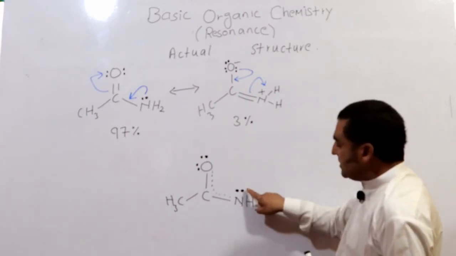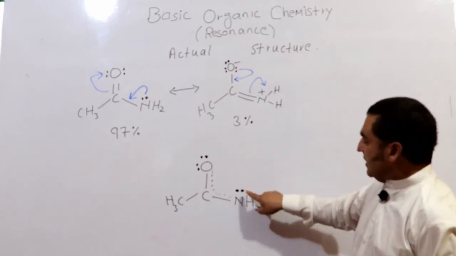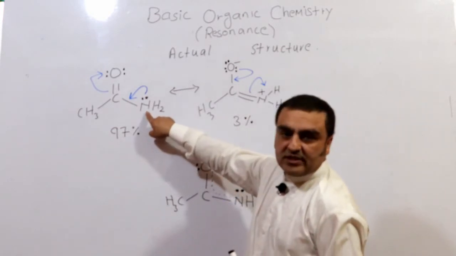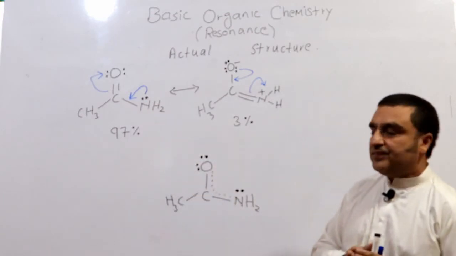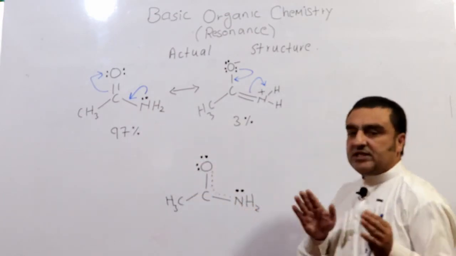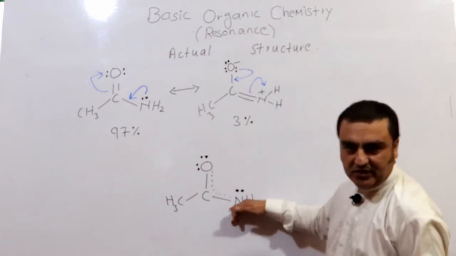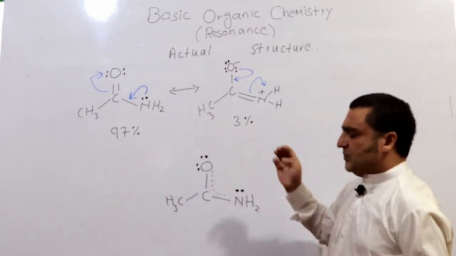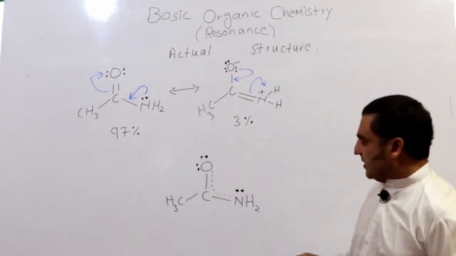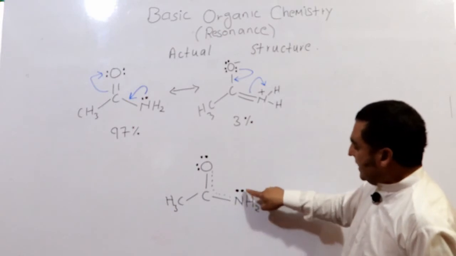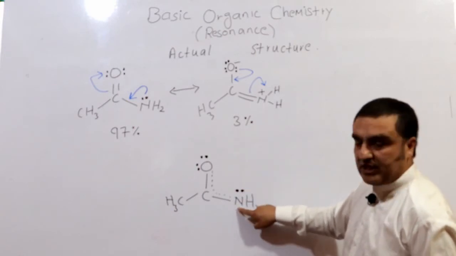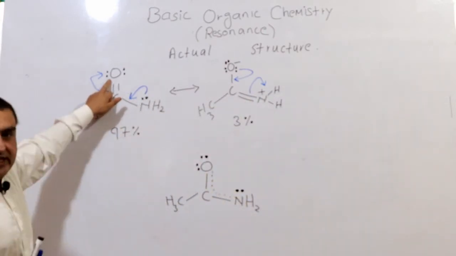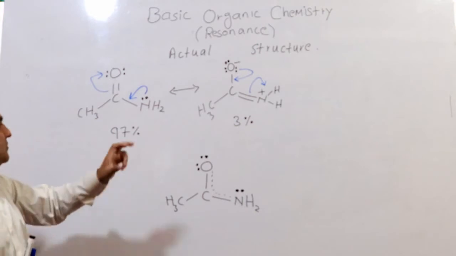Now this nitrogen lone pair is not as much present on this nitrogen as before, because it is just 97% present on this nitrogen, if we say those are the values or contribution for the resonance forms. So the lone pair is not entirely present on this nitrogen, and the oxygen is not entirely neutral.